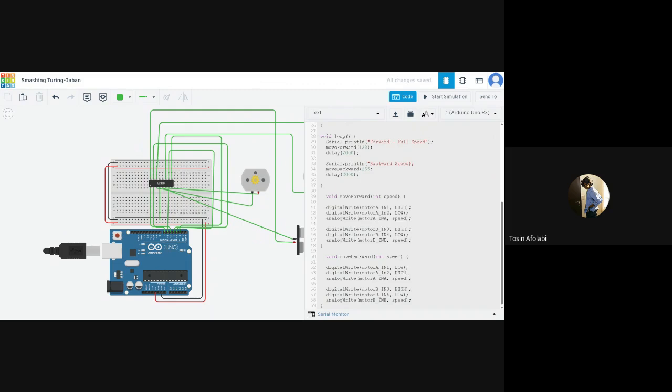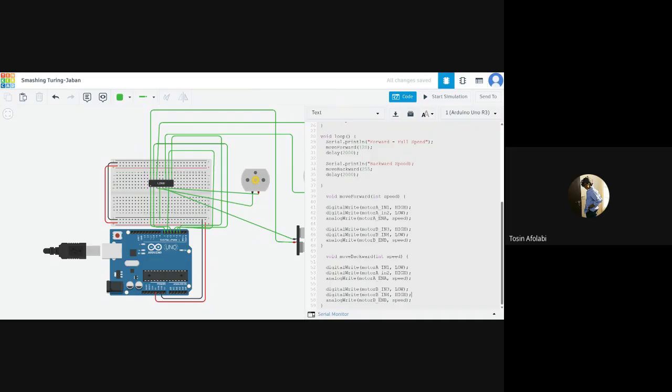Change this to high. Close parenthesis. This. Then same thing here. Low. Close parenthesis. We have this. Then, because it's reverse polarity that we're trying to work with. Yeah, that should be all, I think.